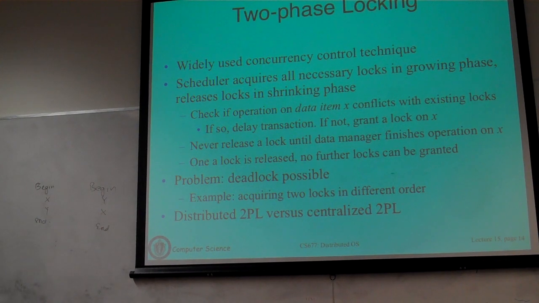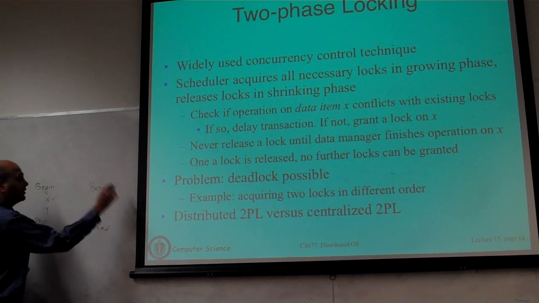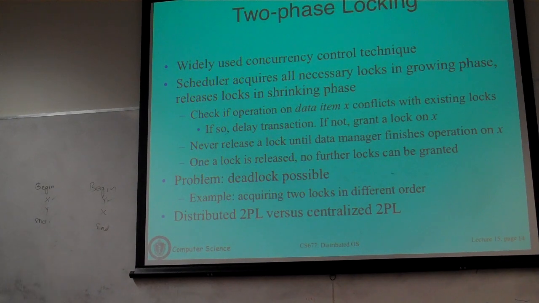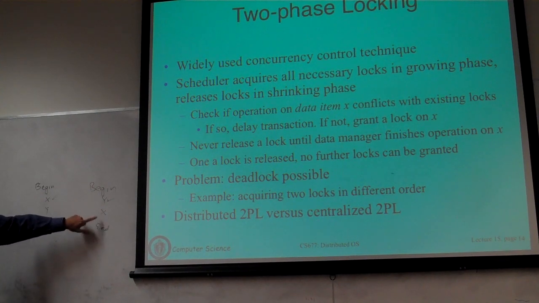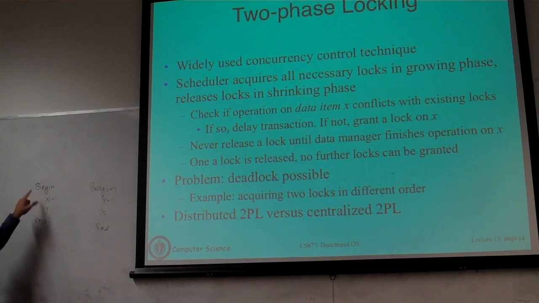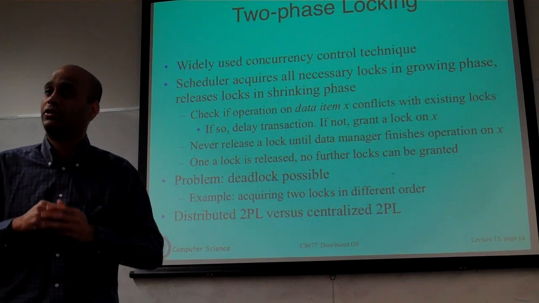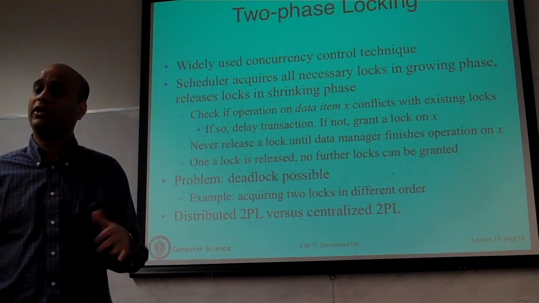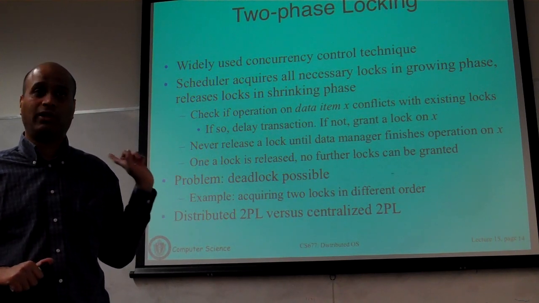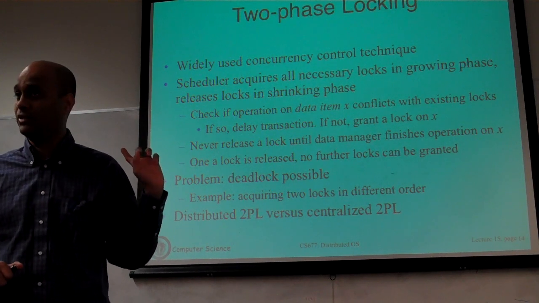Now if you let this transaction run and it grabs a lock on X, then you switch and the other transaction runs and grabs a lock on Y, and then the first transaction tries to acquire a lock on Y, which the other transaction holds. The other transaction tries to do the same thing, and you have a deadlock. So if you simply implement concurrency control and let the system acquire locks for transactions in arbitrary order, you are going to get deadlock. You want to avoid that scenario.